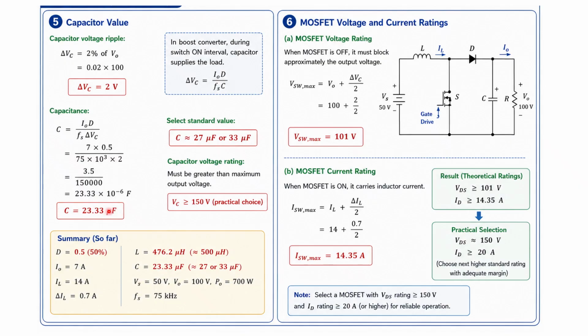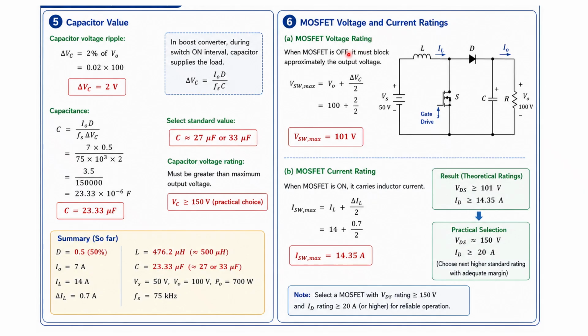So as a standard or approximate value, you can select a capacitance of 27 microfarad or 33 microfarad for this particular boost converter. Now we have to calculate the MOSFET voltage and current rating.